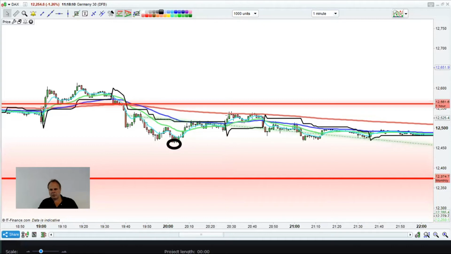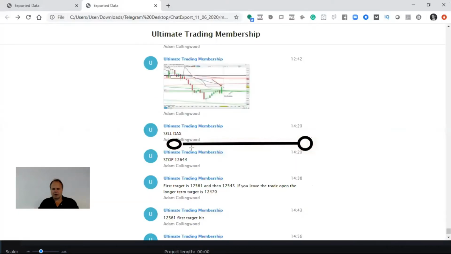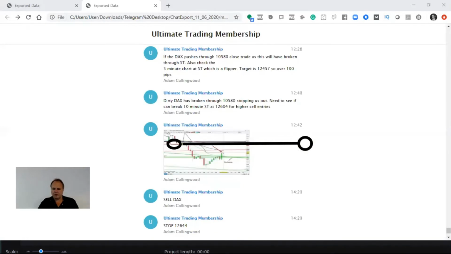It traveled back up again and then came back down, and this was the level I was looking at, for the price to drop to here. So even if you took profit at 12,470 from that initial entry, you could have left it open even longer because you were still in a positive position.